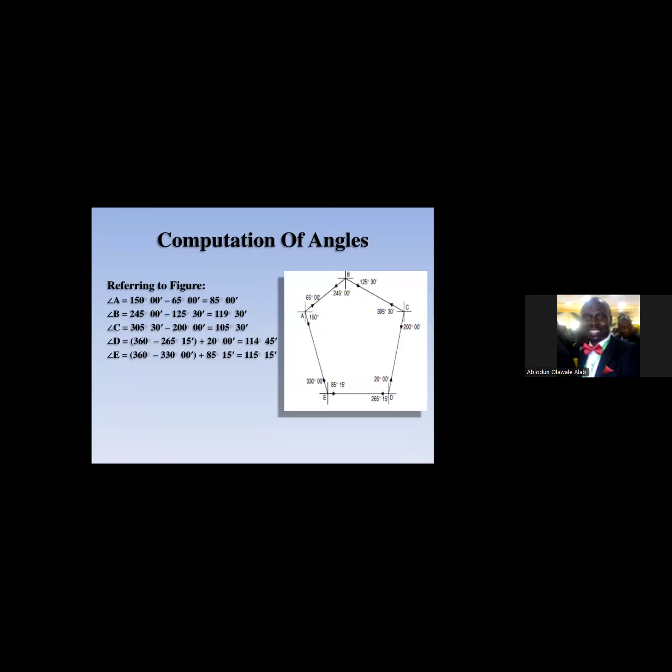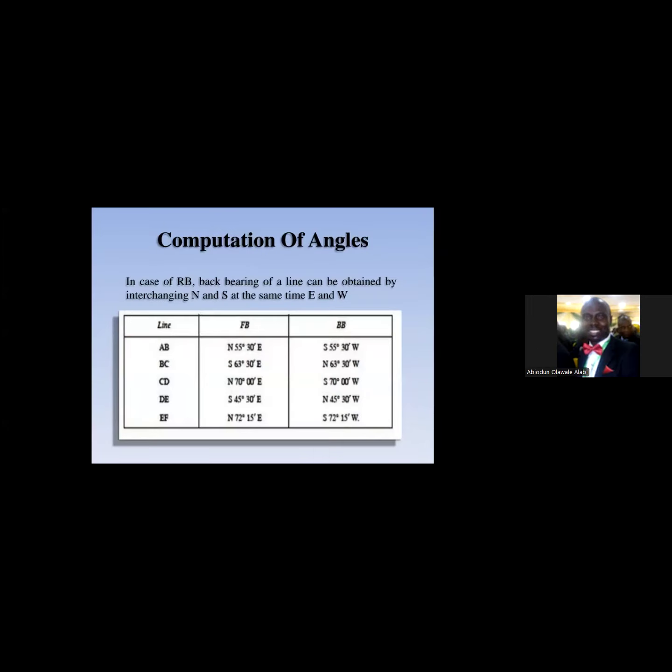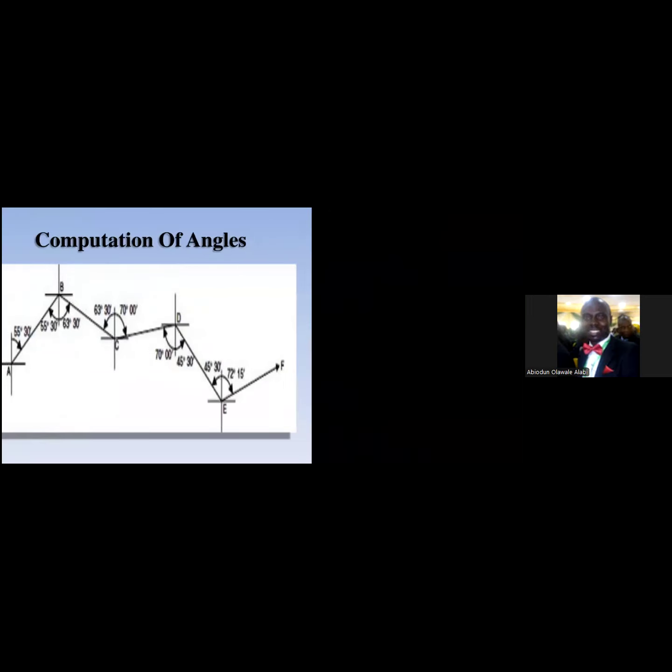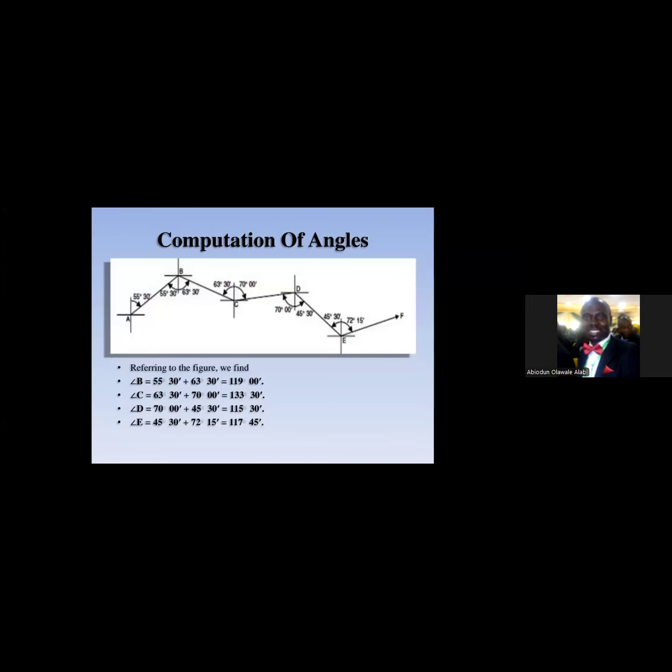You know the formula. If you don't know, revert to your O-level mathematics. So you go through all of this. Can you see the computation that is also going on here? The exterior and the interior angles. So the computation of those two, the same thing here.